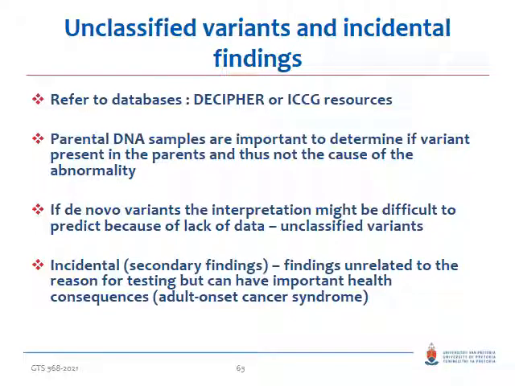So if it's de novo, the interpretation might be very difficult because there might just not be enough data, so the variant will be unclassified. Also very important is that because it scans the whole genome, you can get incidental or secondary findings, where findings unrelated to the reason for testing can have important health consequences, such as adult onset cancer syndromes. That is usually a dilemma and needs to be dealt with care.